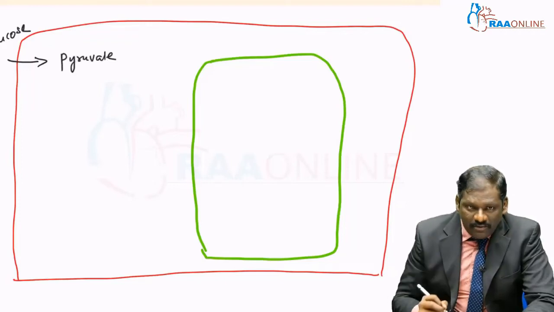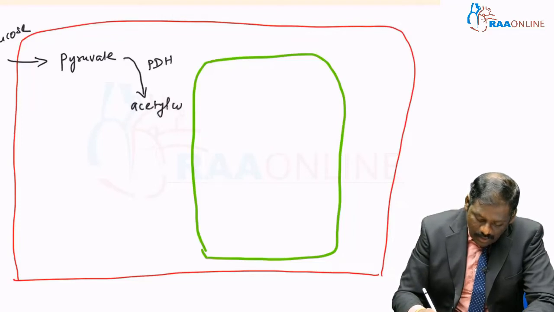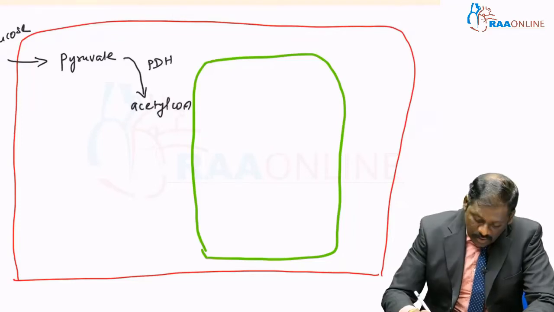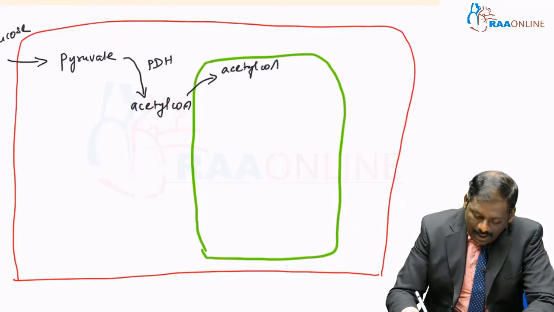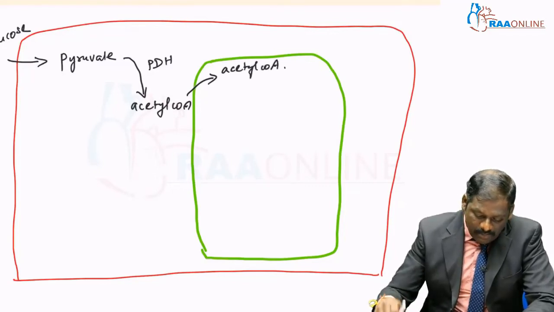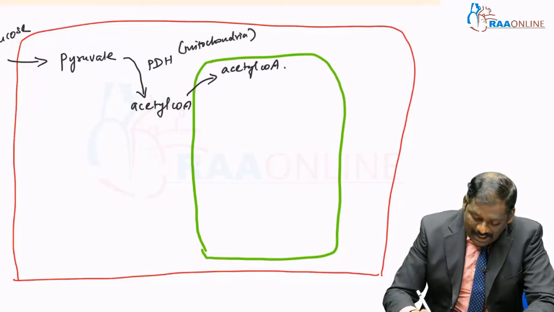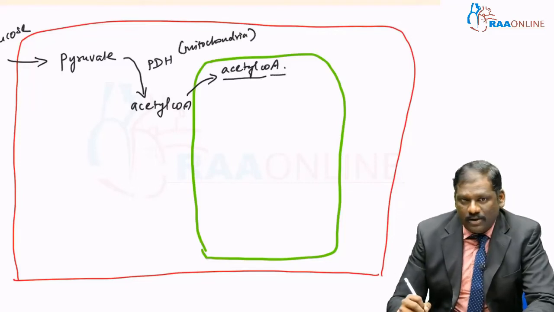This pyruvate, in the presence of pyruvate dehydrogenase complex, is converted into acetyl coenzyme A. This acetyl CoA will enter the mitochondria. This pyruvate dehydrogenase complex itself takes place in the mitochondria, so the acetyl CoA is formed inside the mitochondria.